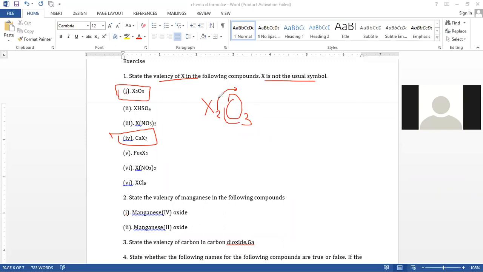These 3 should have come from this side. So that means going backwards, it was X with a valency of 3 and oxygen with a valency of 2. That is why we have X2O3. So in this case, the valency of X is equal to 3.